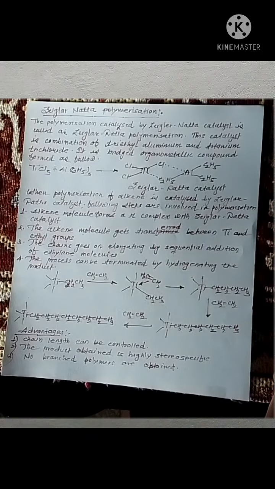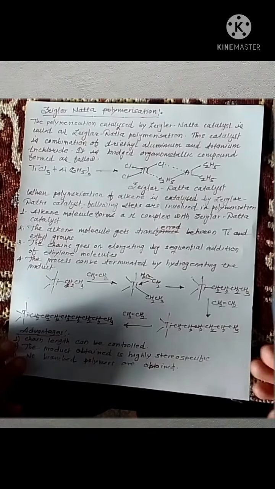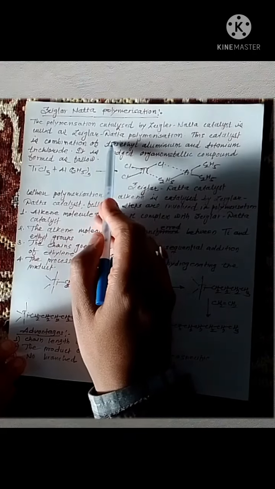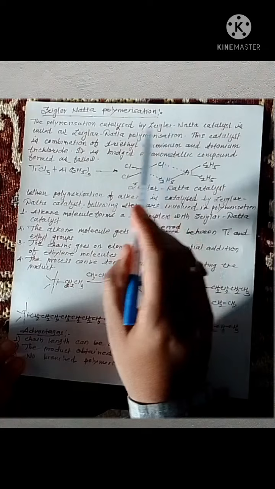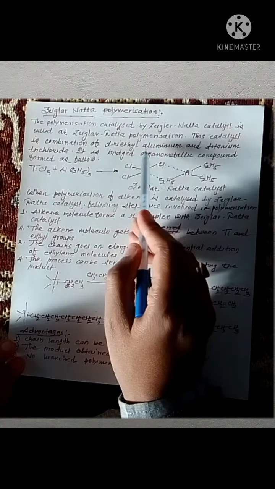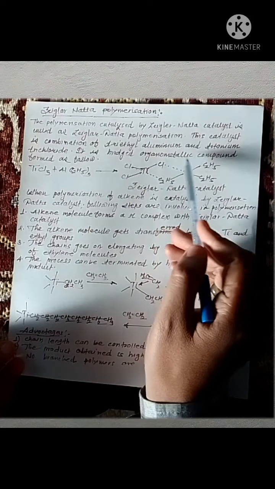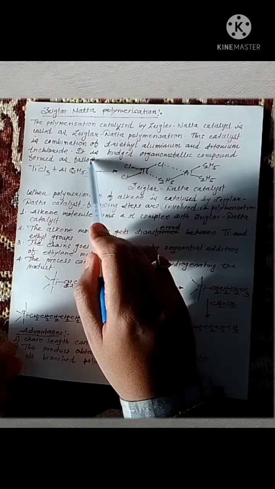Now we are going to see Ziegler-Natta polymerization. The polymerization catalyzed by Ziegler-Natta catalyst is called Ziegler-Natta polymerization. This catalyst is a combination of triethyl aluminum and titanium trichloride. It is a bridged organometallic compound as follows.